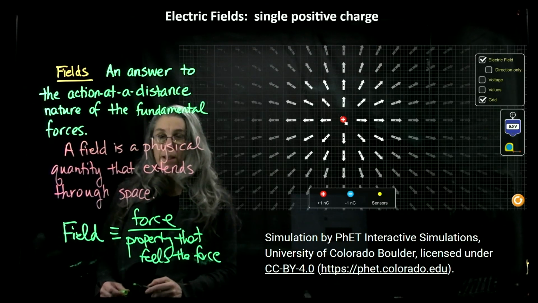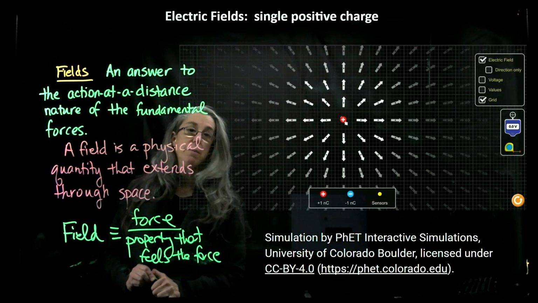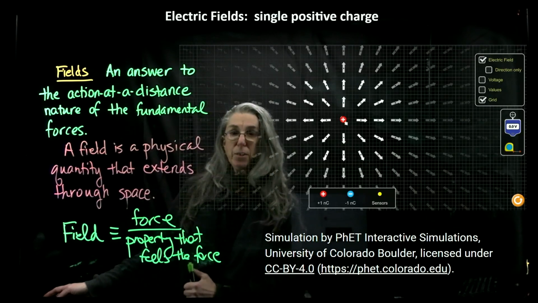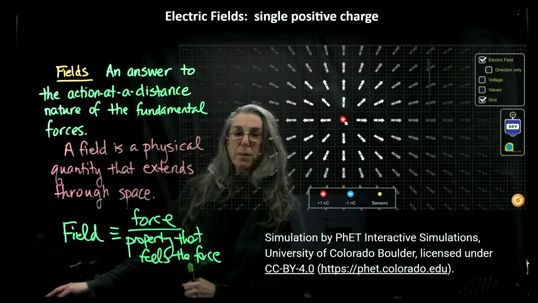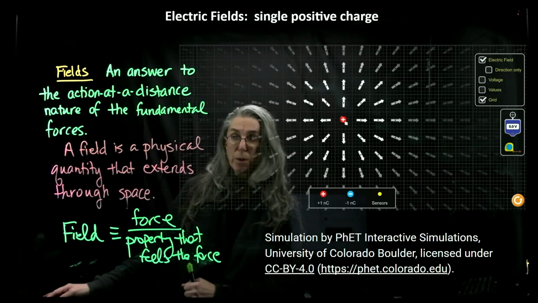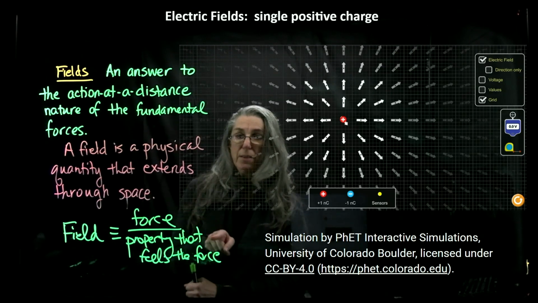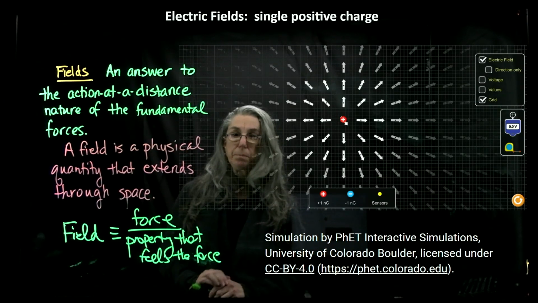In the case of gravity, the property that feels the force is the mass. And in the case of the electric field, the property that feels the force is the charge. So we're going to take the Coulomb force, plug it in here, and divide by one of the charges. And I'll show you how that works.